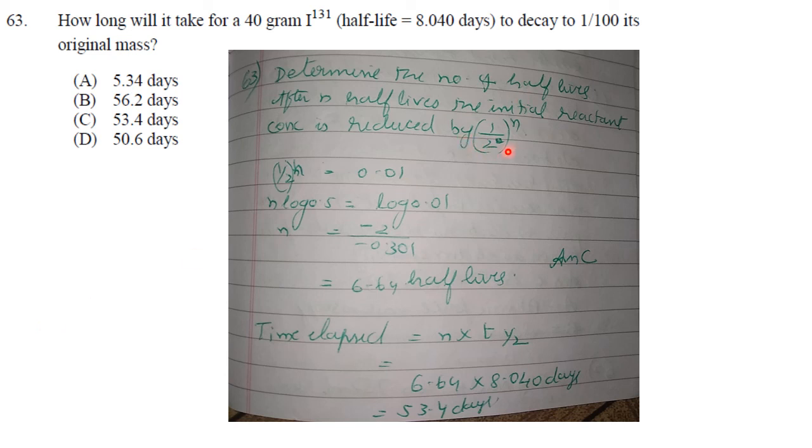So half raised to n is 1 by 100, that is 0.01. Taking logarithm on both sides, n log 0.5 is equal to log 0.01. n is equal to minus 2 by minus 0.301, that is 6.64 half-lives. Now time elapsed is equal to n into t half. So 6.64 into 8.040 days will be 53.4 days.